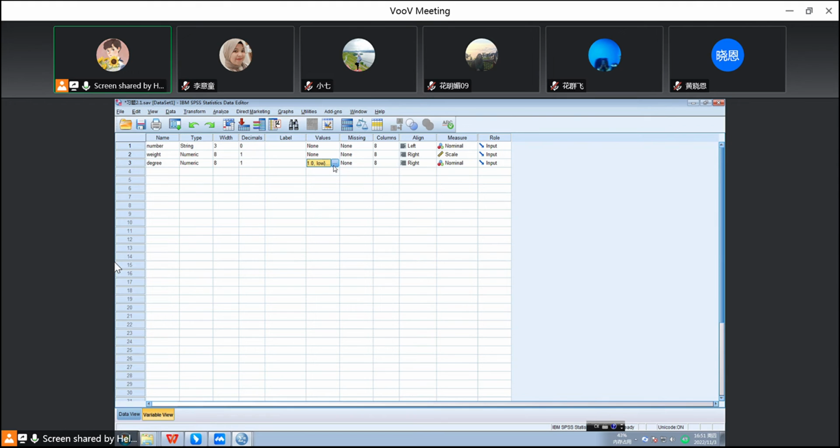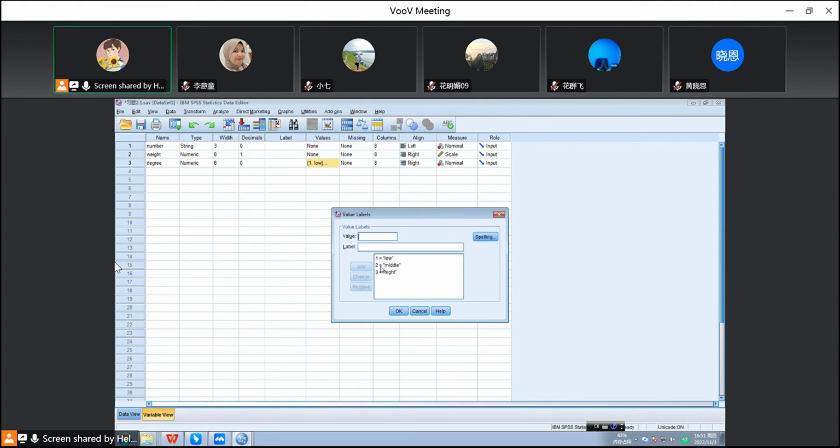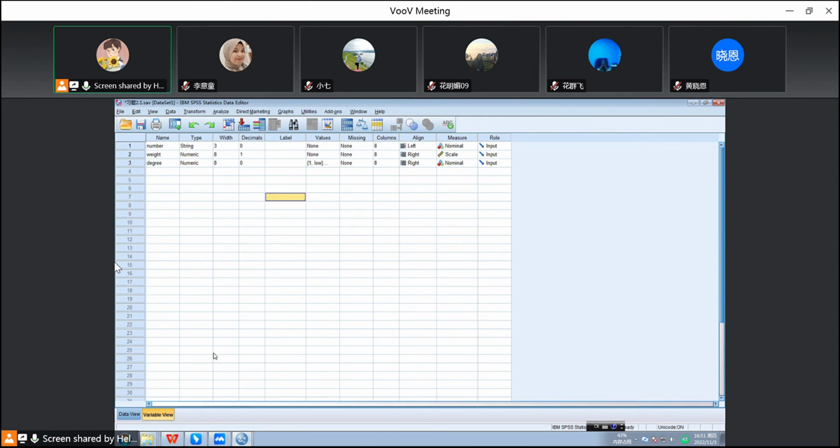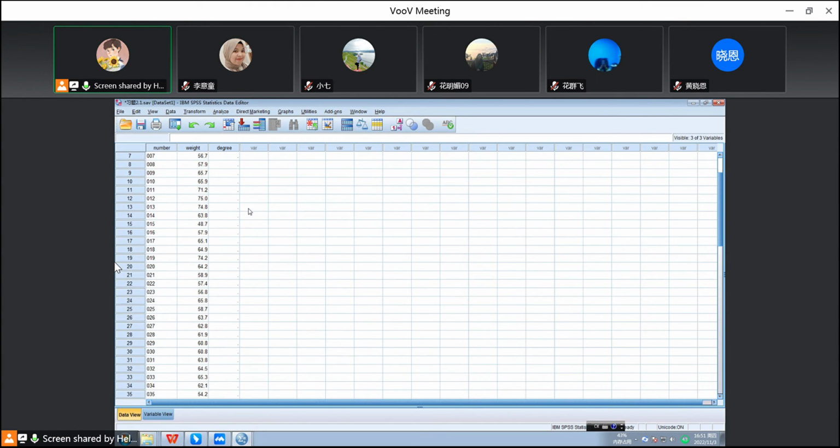I think we don't need the decimal. So 1 indicates low weight, 2 indicates middle, and 3 indicates high. And then from 48 to 63, we can give a degree.